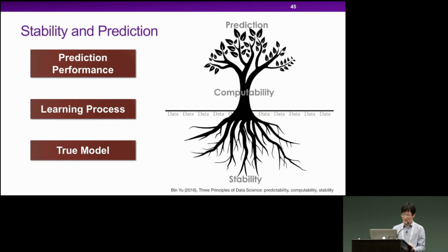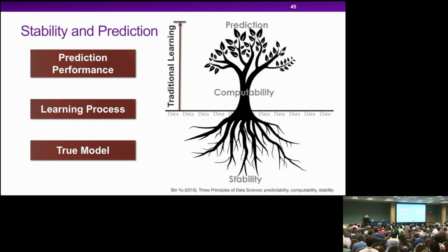So I would say that in traditional learning, we start from the data, and then we try to build up a model and make some prediction, right? So we are just doing some data fitting. The data fitting process has no problem only if the environment is very stable. Imagine that there is totally no wind, so the tree just stands there.